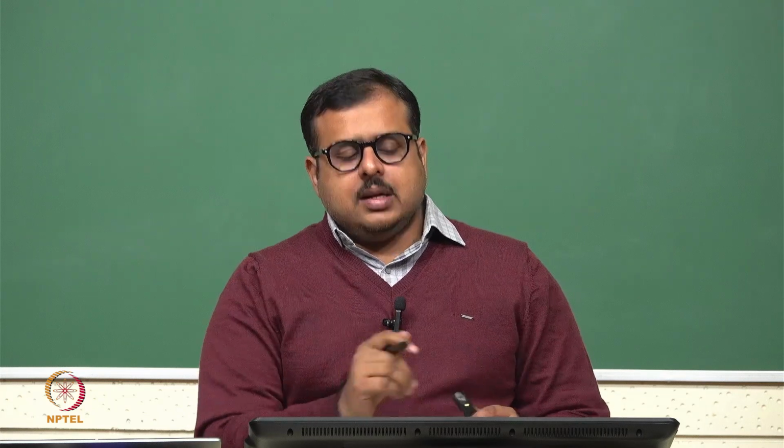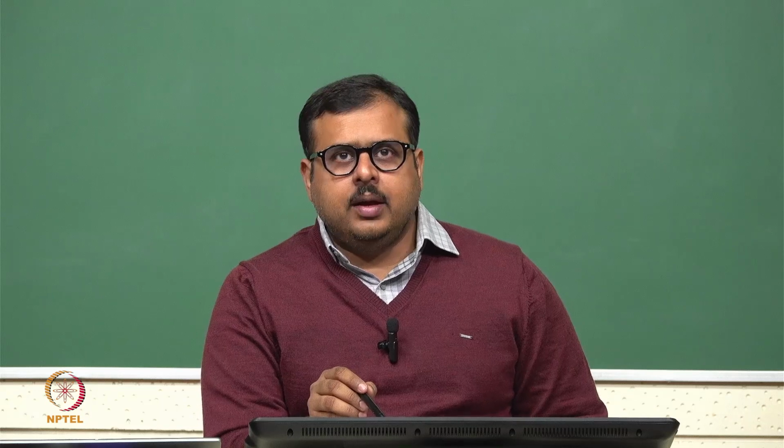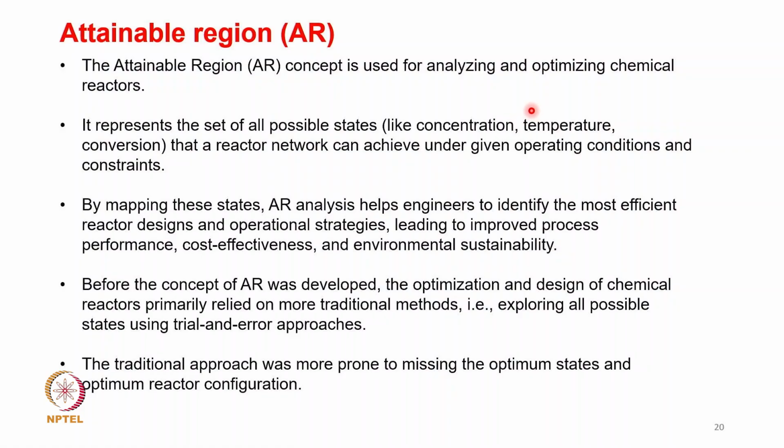So, the attainable region concept is one concept that helps you to do it from the start. If you have a series of reactions and you need to design a reactor network, we may be able to follow the concept of attainable regions.